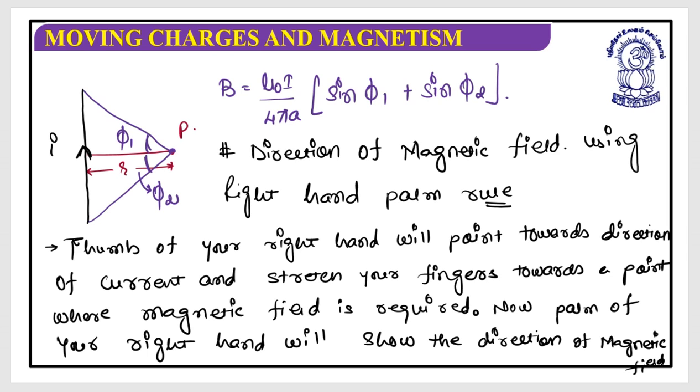If you can arrange this, then the palm of your right hand will represent the direction of magnetic field. So if I observe this, I find that magnetic field at this point is inside the plane. I hope you got the same answer.